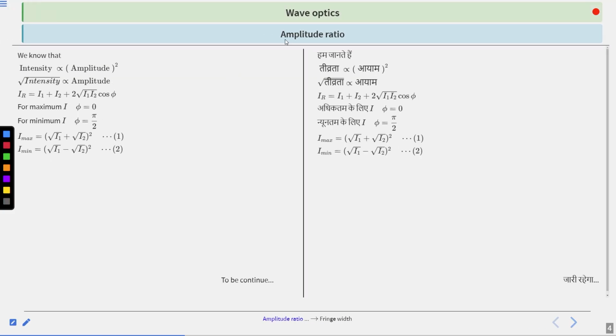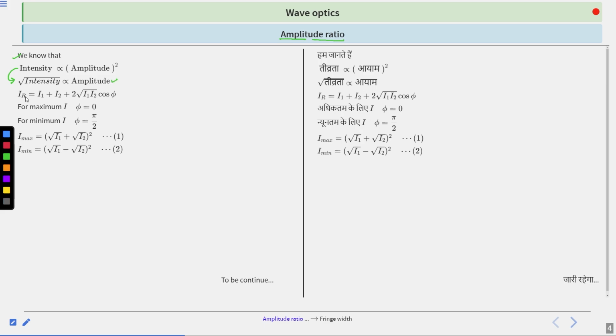So, the topic is amplitude ratio. We know that intensity is directly proportional to the square of amplitude. Taking the square root on both sides, root intensity is directly proportional to amplitude.